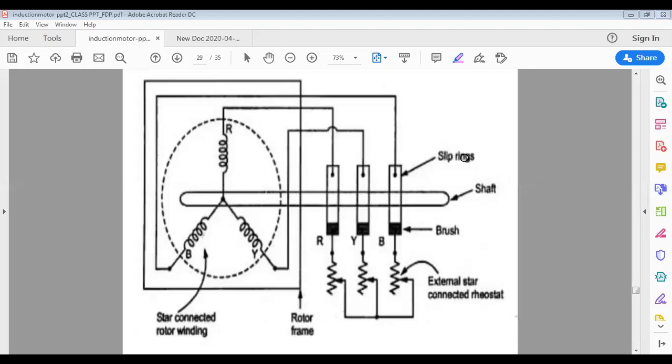You can't add external resistance in series with the rotor. Once the rotor is designed, its resistance is fixed. You can't change rotor resistance. That's why the squirrel cage rotor is used to produce moderate starting torque: centrifugal pumps, lathe machines, drilling machines, fans, blowers. These are the applications of the squirrel cage three-phase induction motor.